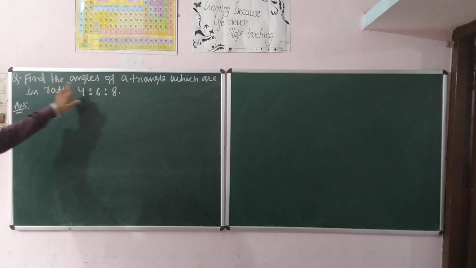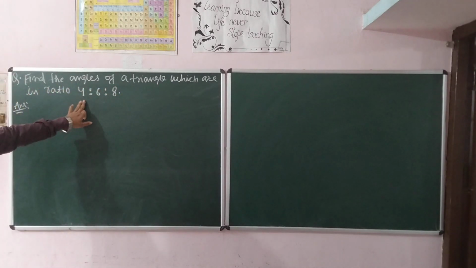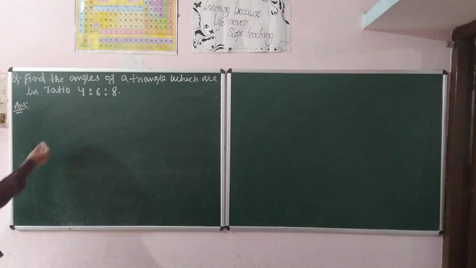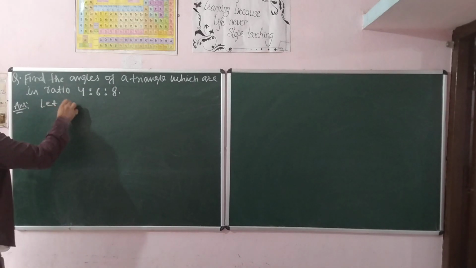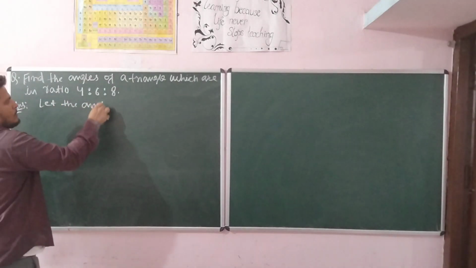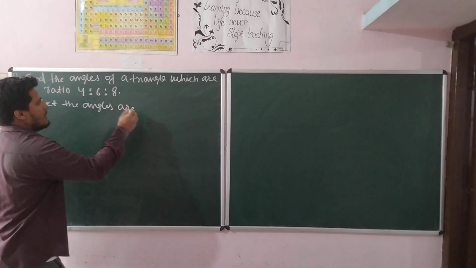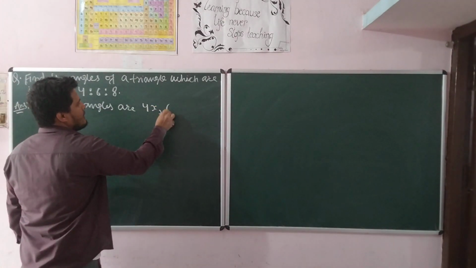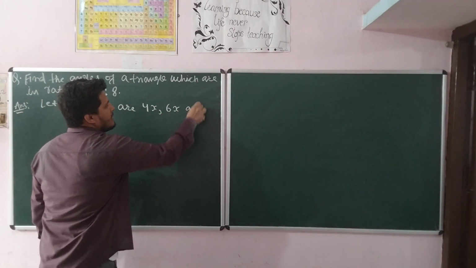Now next one, find the angles of a triangle which are in the ratio 4:6:8. Now let the angles be 4x, 6x and 8x.